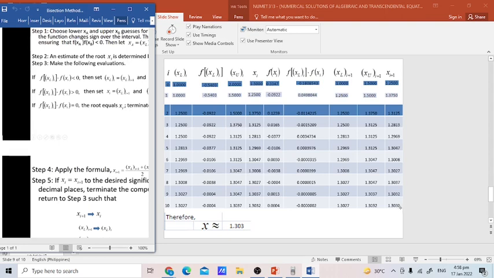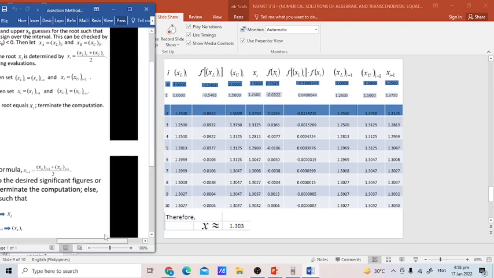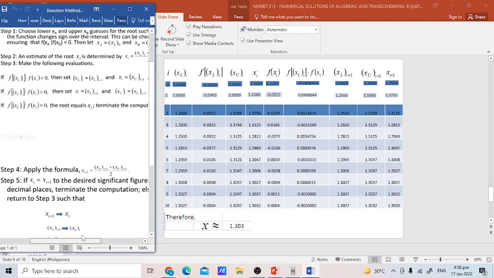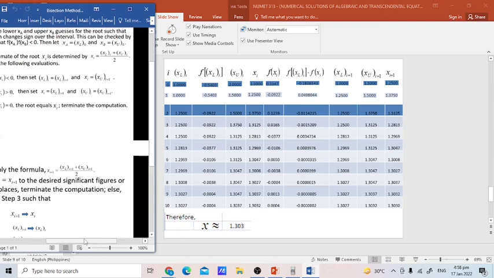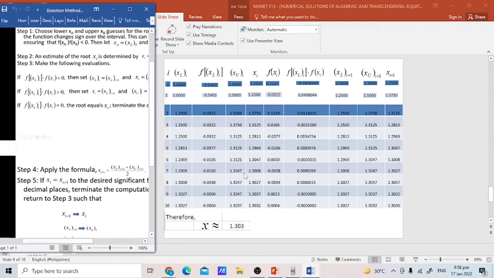So, ay ilang decimal places ba yung nire-require ng problem? 3, di ba? 3 decimal places. To the desired significant figures or decimal places. So, ano yung desired decimal places natin? 3. So, stop na tayo. Kasi 1.3032, pag ni-round off ko, 1.303. Ito, 1.303, pag ni-round off ko rin. Sa i equals 9, hindi pa. 1.3037 is 1.304.